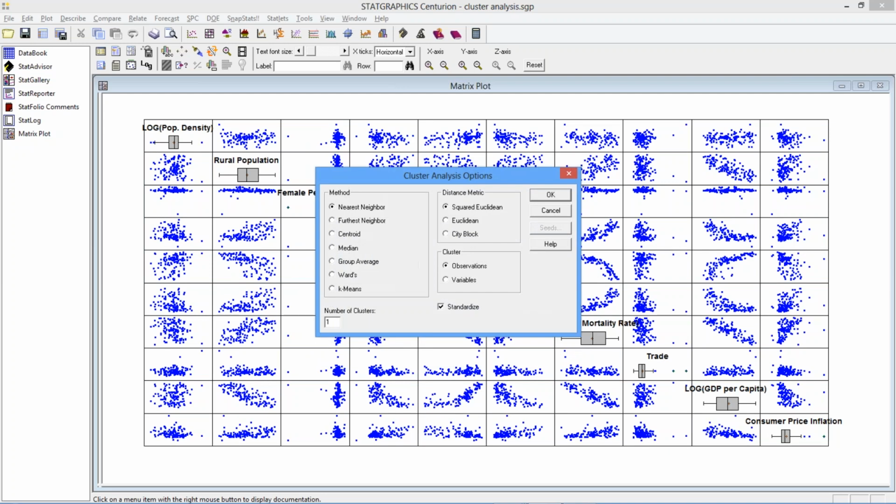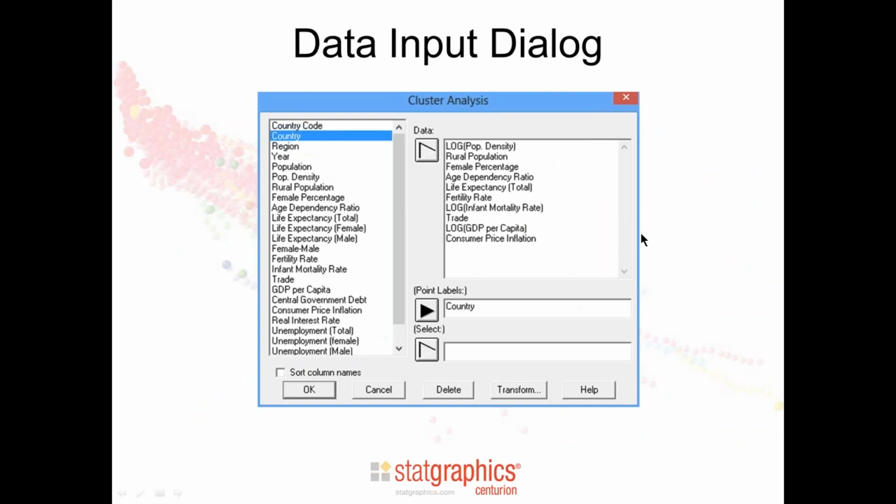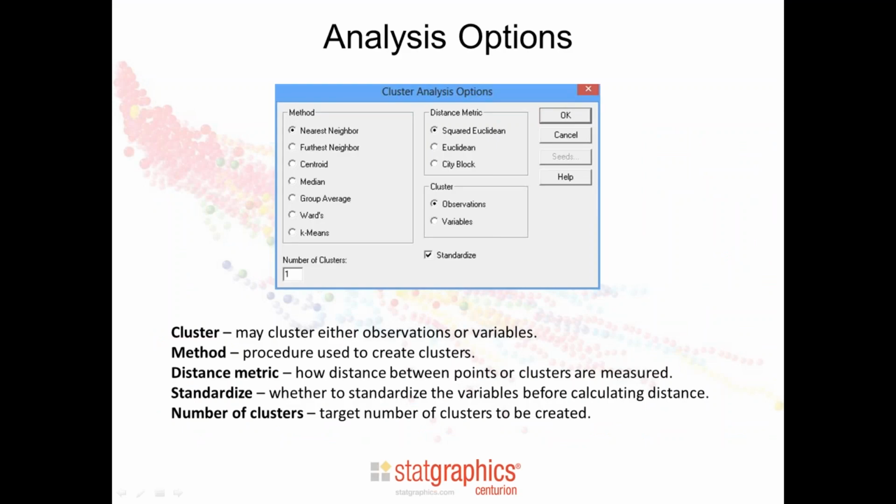Okay. When I press OK, it will show me the various options I have in Statgraphics for doing a cluster analysis. Now let me go back to PowerPoint for a moment, because I've summarized what the various options are. First off, we have a choice of what we want to cluster. Do we want to divide the data into groups of observations, or do we want to divide it into groups of variables?